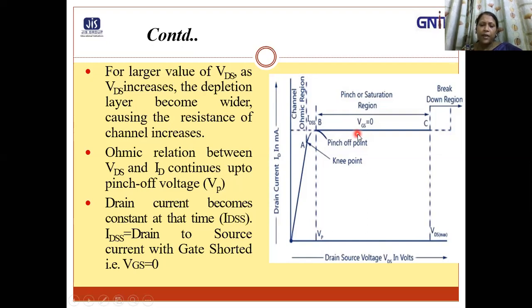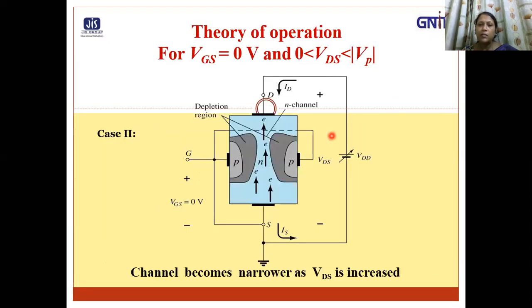It is due to the fact that further increase in VDS, that is beyond Vp, causes more of the channel on the source end to reach the minimum width as shown in the earlier slide. This region is minimum width, this channel region.